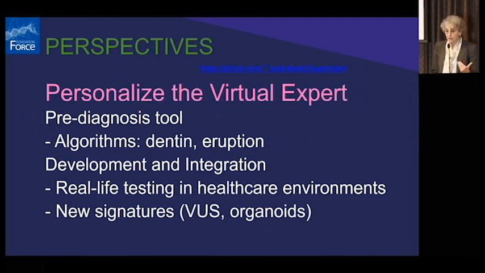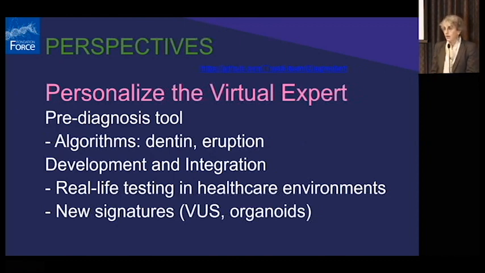And also we have a part of the project where we discover new signatures. And this is more in the lab because we identify very often variants of unknown significance in our patients. And we want to make sense of them and to link these variants to the diagnostic signature. So we create organoids and we introduce the variants in the organoids. These organoids mimic tooth development.